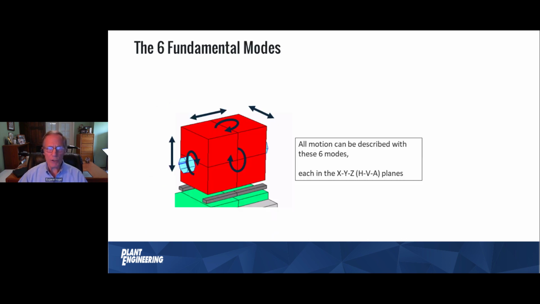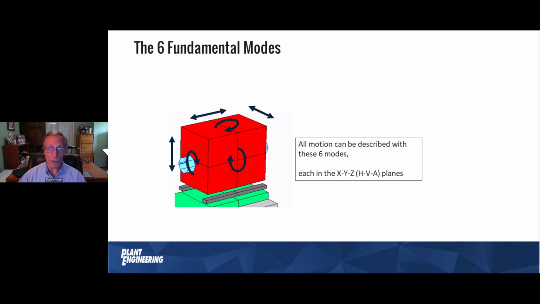I just want to mention this. It's not critical that you understand the 6 fundamental modes or anything, but if you wonder what's going on in the background when it takes that vector data, all motion can be described by those 6 fundamental modes. There's 3 directions, X, Y, and Z. In each of those, you have a rotational mode and a translational mode.